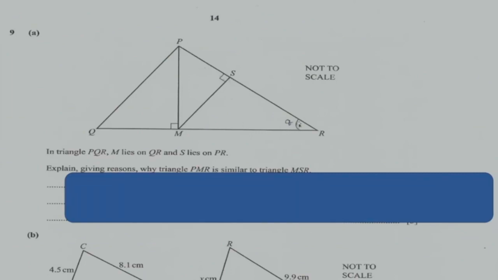This angle is common. PRM theta, MRS also theta. So this is 90, this is theta, this is 90 minus theta. Here this is theta, this is 90, this is 90 minus theta. These two angles and one side is common. This MR is common. So these two triangles are similar.